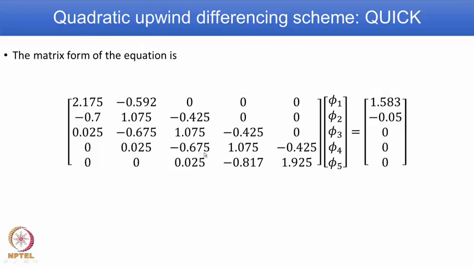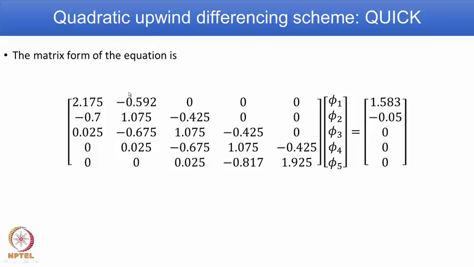So that is the tridiagonal matrix structure, but for this problem when you use the QUICK scheme you get an additional element. So the tridiagonal matrix structure is actually disturbed. This also we explained before, and now we are seeing it with the problem and corresponding numerical values. There is a procedure to invert this matrix.